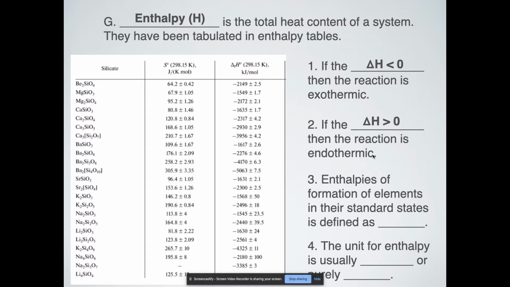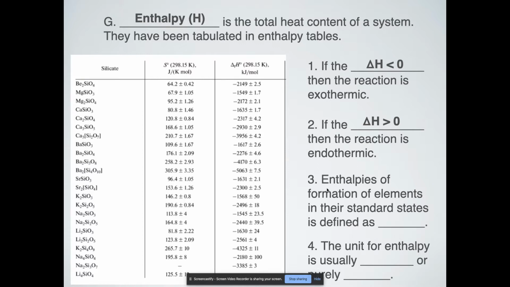So what about enthalpies of formation of elements? What if we're talking about just nitrogen or just oxygen or hydrogen or a piece of graphite, pure carbon? The enthalpies of formation that you see in tables normally exclude pure elements, because how much energy does it take to make a pure element?